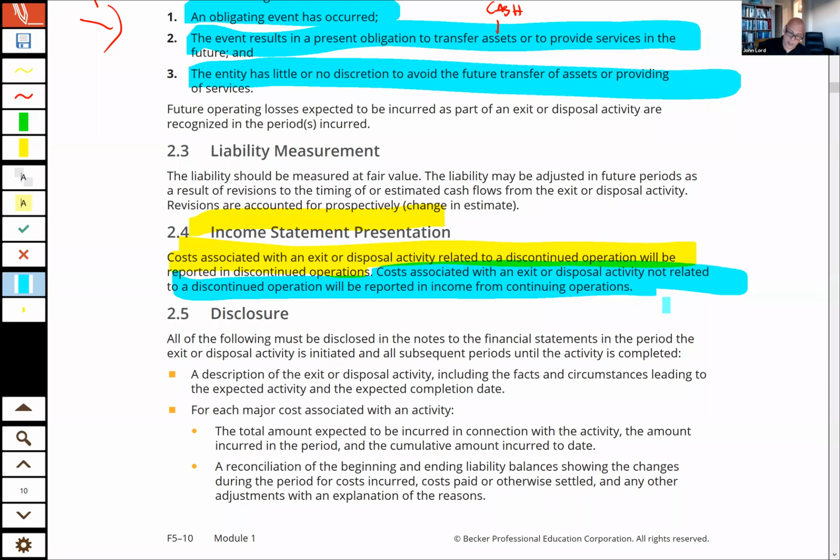So if I'm having to pay these exit costs because I'm shutting down a division, that's part of my cost of shutting down. It would probably be part of my cost of disposal, part of our LID. Remember, loss, impairment, disposal, gain or loss. That would probably be part of my disposal loss in the discontinued operation section if it was associated with a discontinued operation. Flashcard that, and then disclose all of the following. Flashcard those.